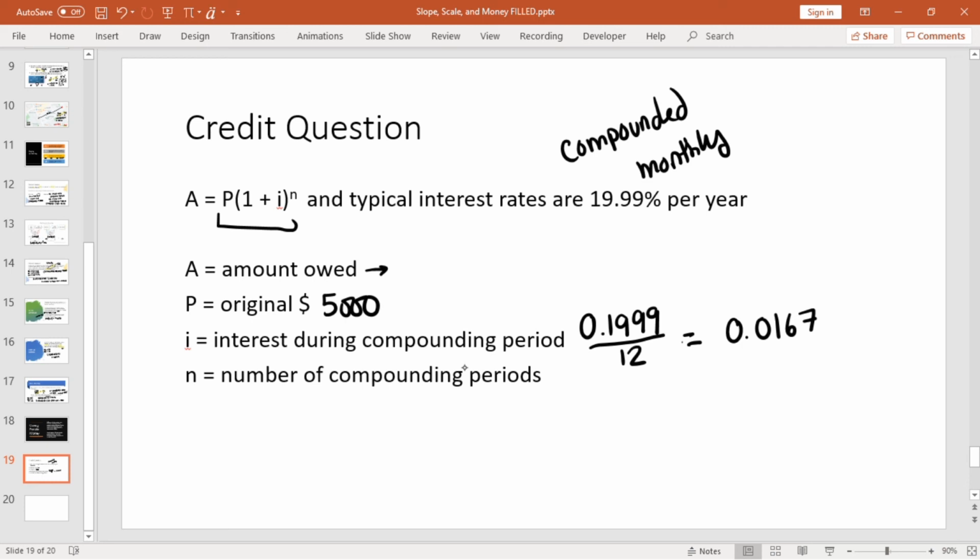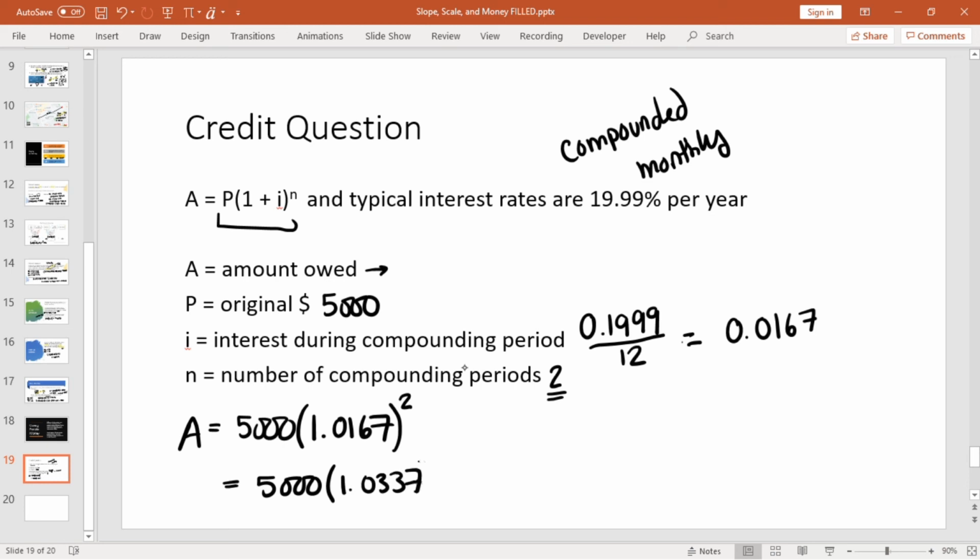Okay, and I said I was 2 months late on my payment. So here, everything goes into the formula. My amount I put on my credit card, I'm going to do 1 plus that 0.0167, and it's going to be for 2 months. Order of operations, you do the exponent first, after we already did the brackets. 5,168.39.